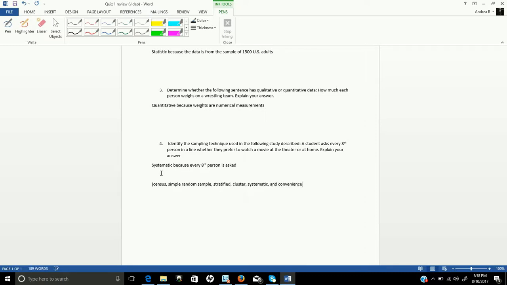And of course, you can always go back through the video that I had from section 1.3 to go back through these different definitions, or you can also read back through them in the book, where systematic, once again, is every so many people being selected. Convenience is also like it sounds, like it's convenient, like selecting your friends to ask questions of.